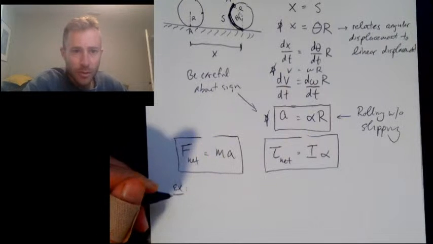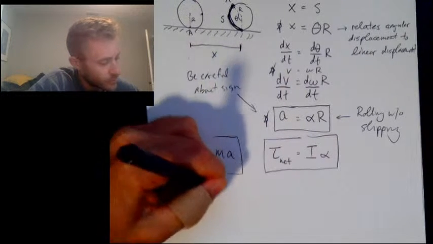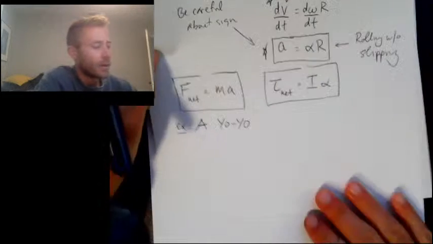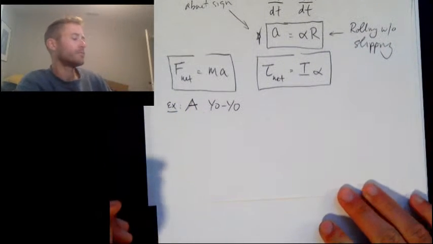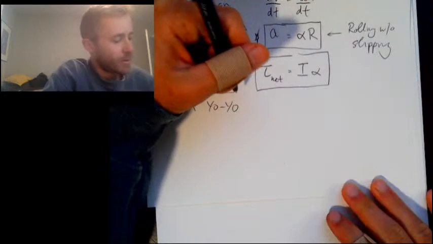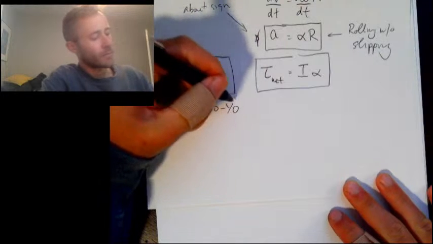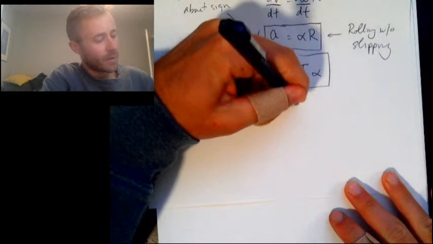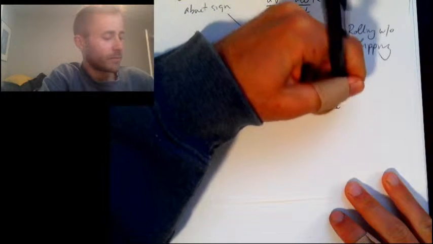So this first example is a yo-yo. The yo-yo has inertia I. It has mass m.